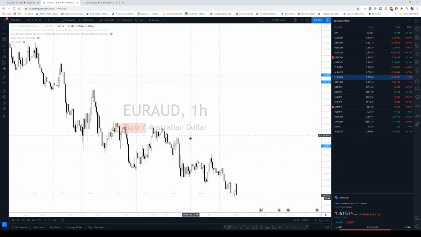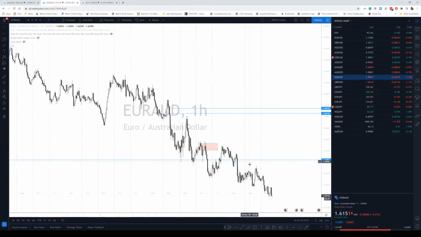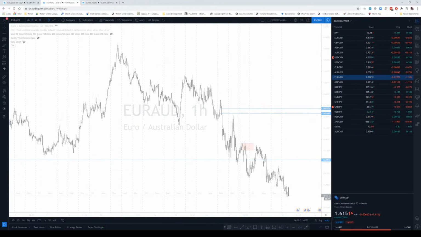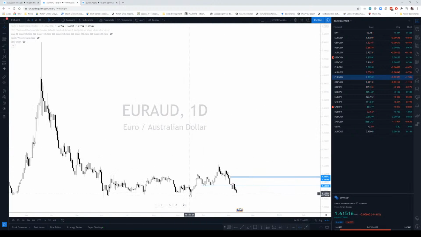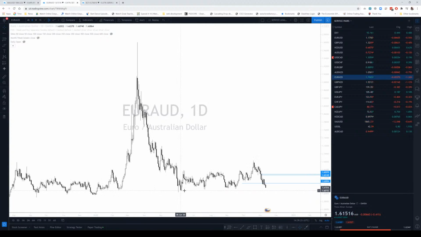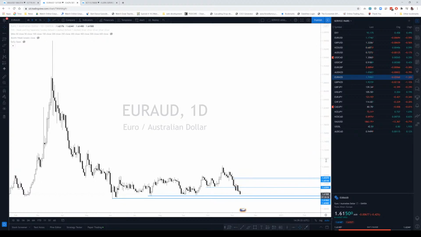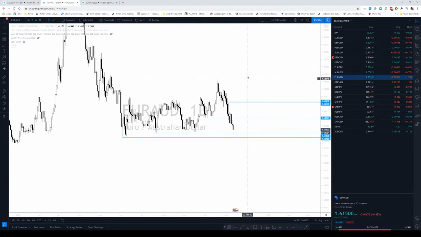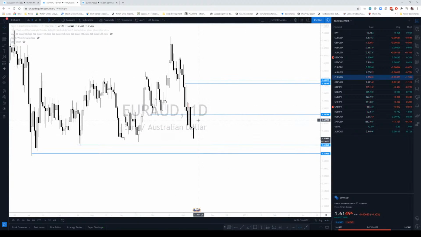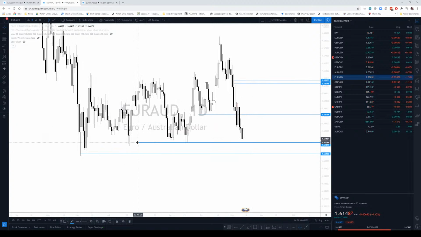Yeah, and I said if you're not scared, just place your stop loss there and then look for a continuation to the downside to target this equal low and then these lows as well. So that is still intact. We're still looking for that to happen.